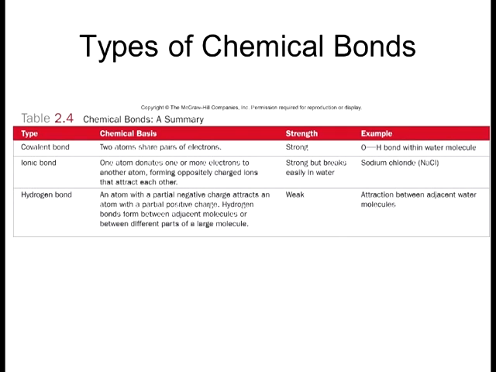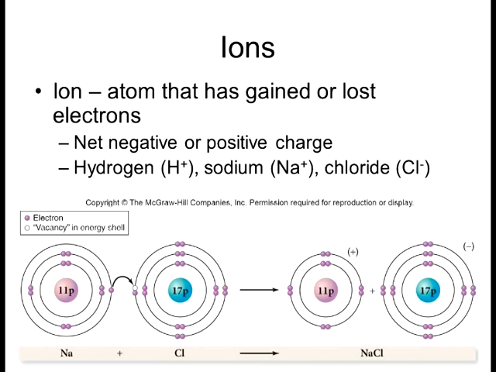First, before we get to ionic bonds, let's talk about how an ion forms. An ion is a stable, well, for the most part, I'm going to shoot myself in the foot here. An ion is an atom that has gained or lost electrons. So here's what happens.